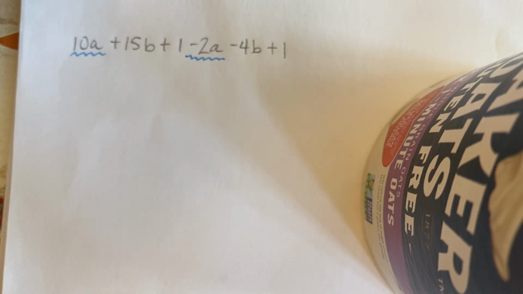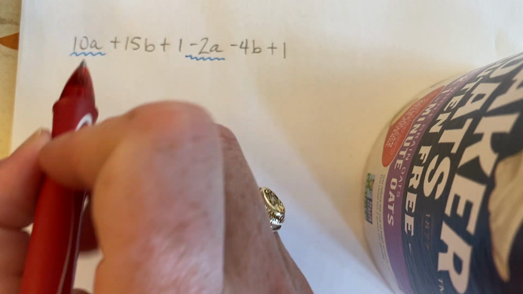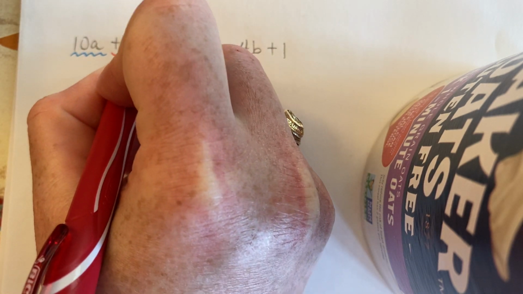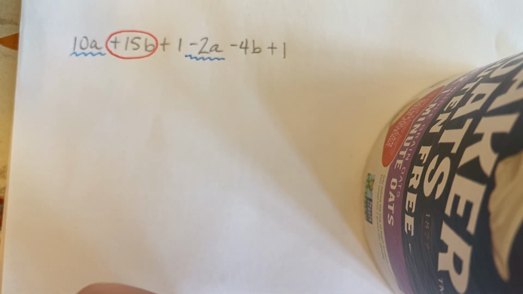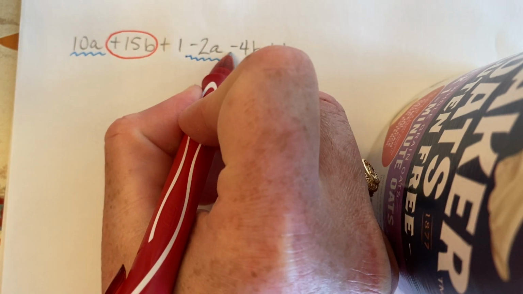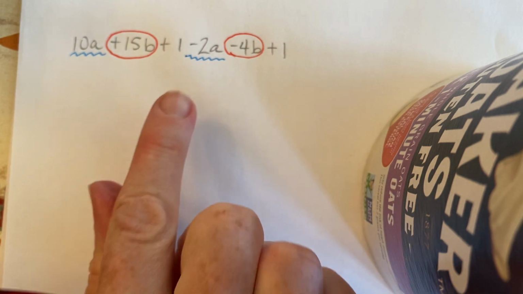Okay. What else? I've got B's. I'm going to use red for B, and I believe this time I'm going to draw ovals. Some kind of symbol that lets me know these are different. The B's. And if I'm looking through here, what else has a B? Oh, a -4b. And again, catch that negative.